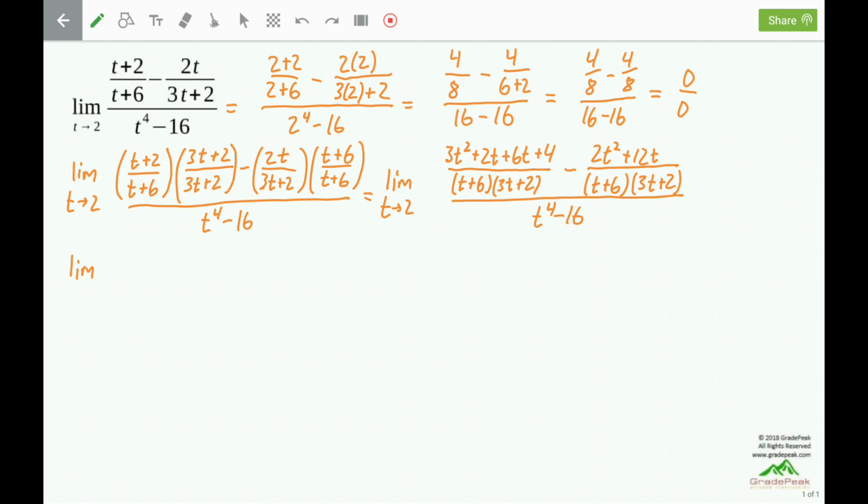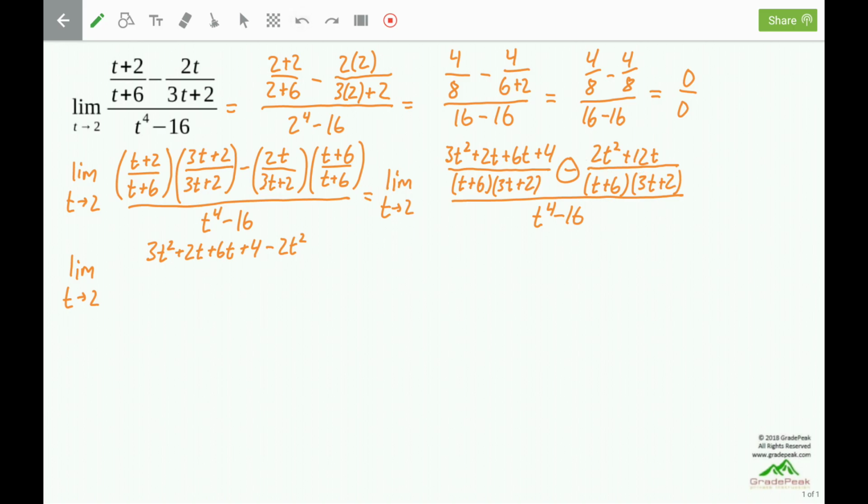So we now have limit as t goes to 2. In the numerator, we will have 3t squared plus 2t plus 6t plus 4 minus 2t squared. We're distributing this minus sign. This minus sign will affect both of these terms here.